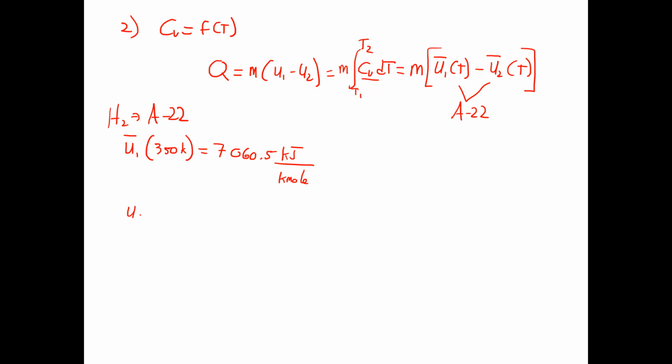I'm sorry, that should be U2, not U1. If I look at the value of U1, which is at 550 Kelvin, I should find that my internal energy is 1,241 kilojoules per kilomole.